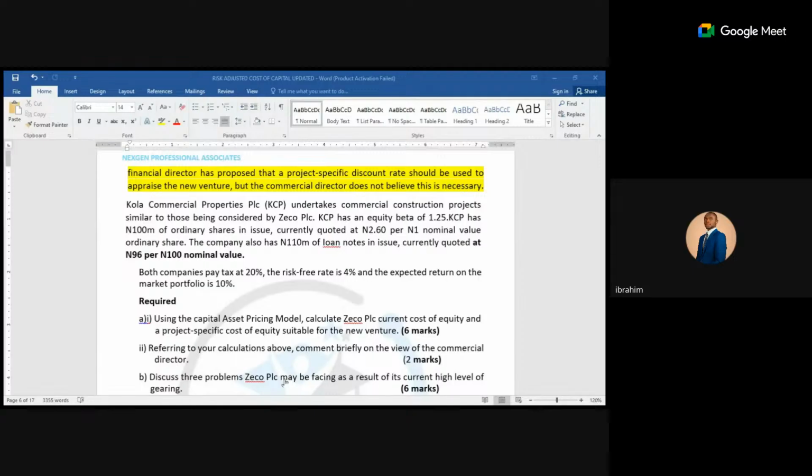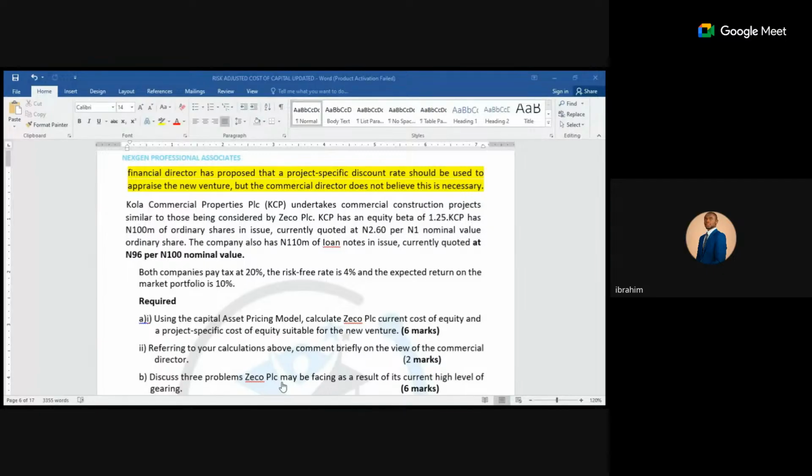So in addition to their comments, you can see the first cost of equity that we calculated is, I think, 18%. Yes, 18%, which is lower than the project-specific cost of capital of 19.7 or 19.8%.